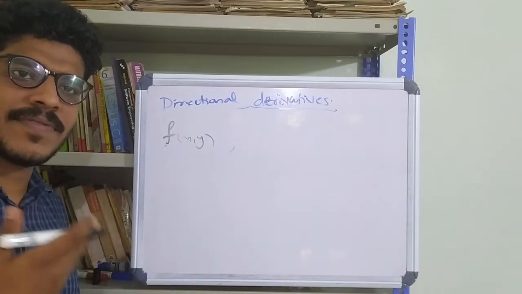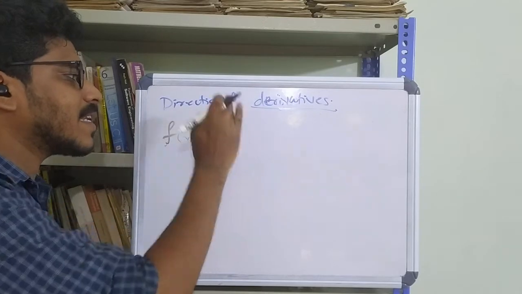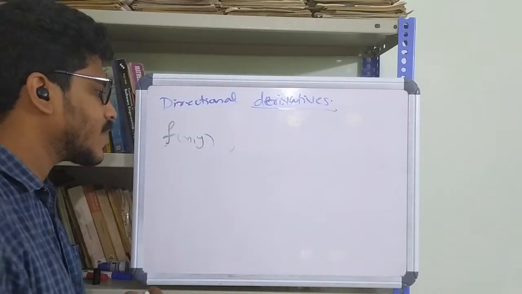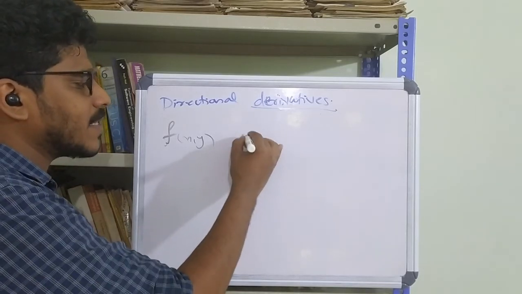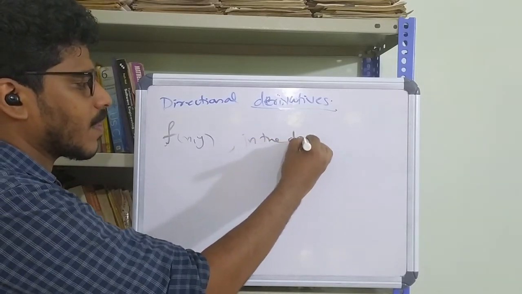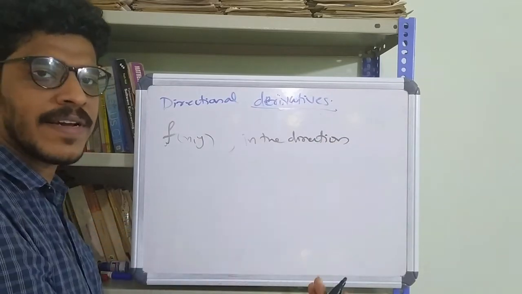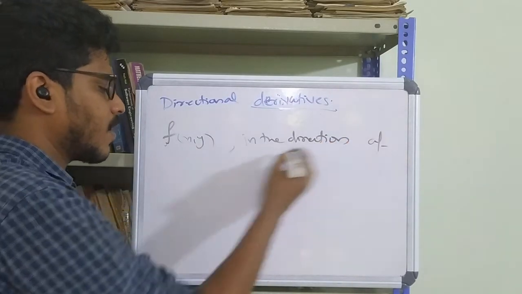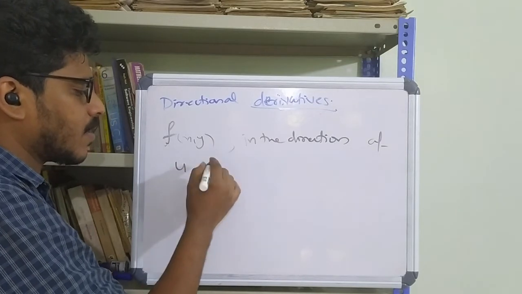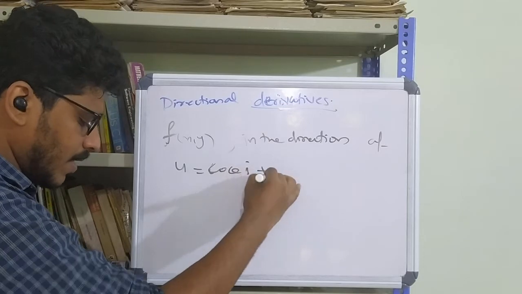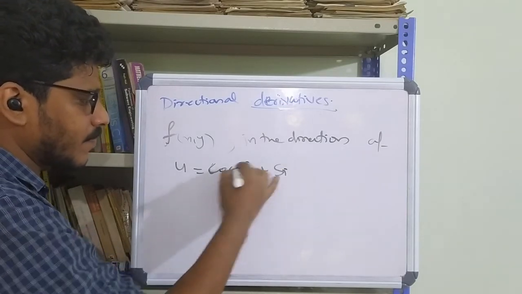We are expressing the derivative in a specific direction, so the direction should be specified. So the derivative of f of xy in the direction of, and direction is always given in the form of unit vectors, in the direction of say the unit vector cos theta i plus sin theta j.